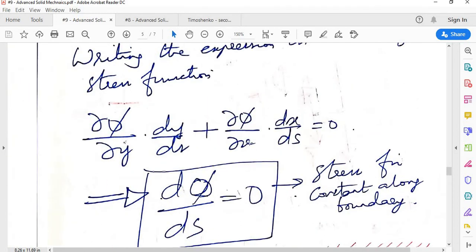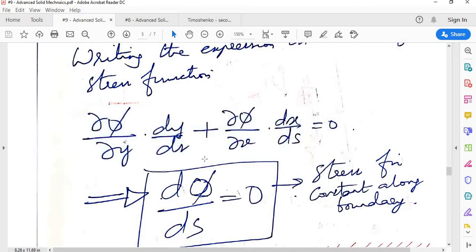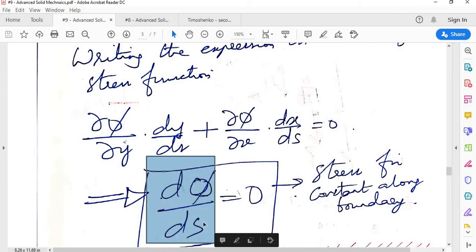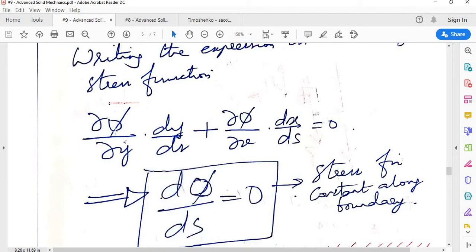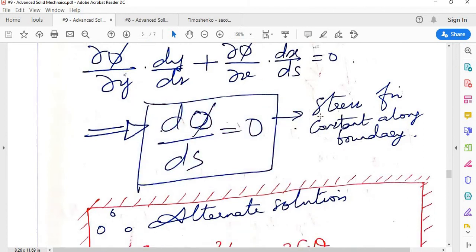This is nothing but the expanded form of d phi by ds. This is the chain rule of this derivative, because phi with respect to y into dy by ds plus phi with respect to x into dx by ds, right? So this is the second expression we were looking for.